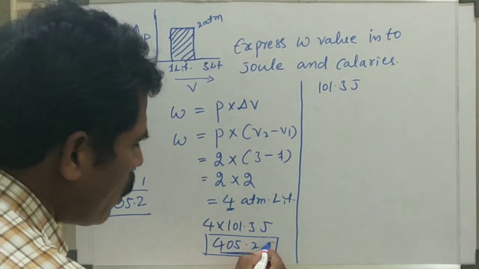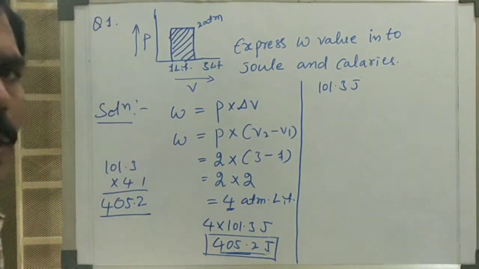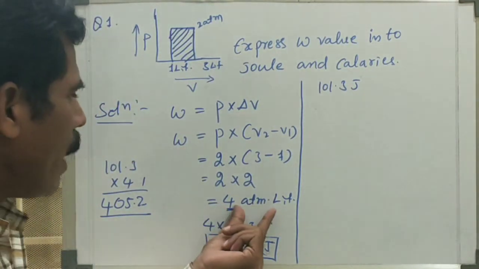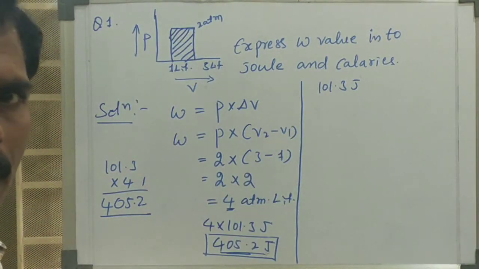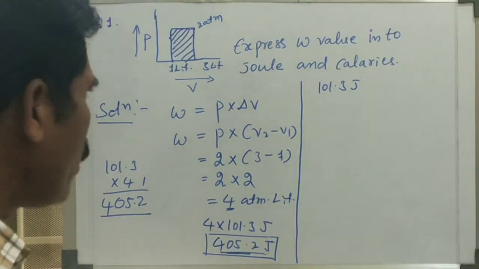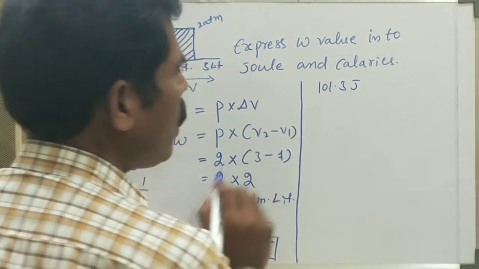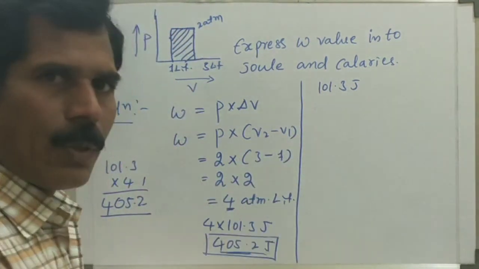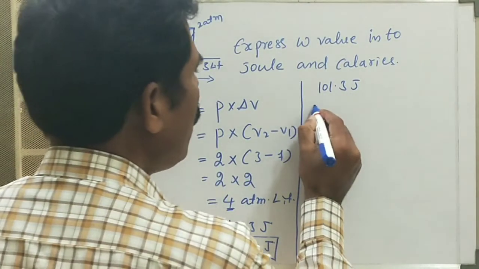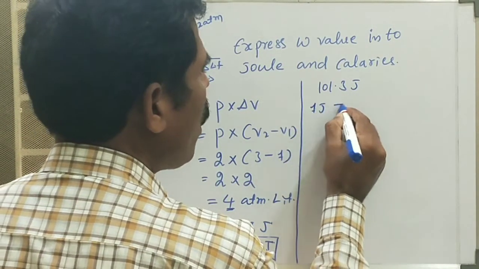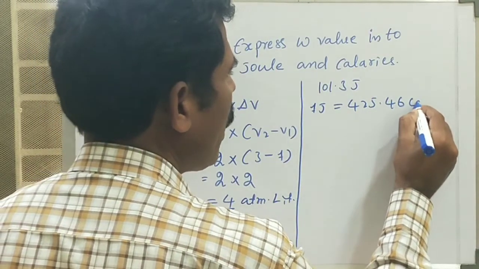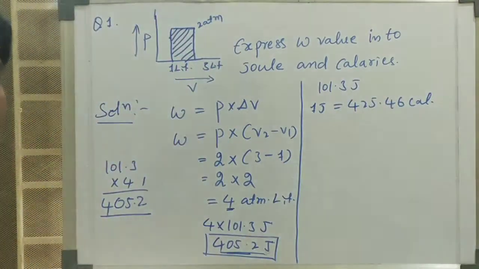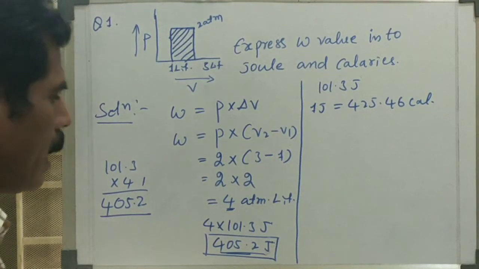If you want to convert this value into calories, 1 joule is equal to how many calories? First of all, 1 joule is equal to 4.2 calories. Here we use 101.3 joules as 425.46 calories.